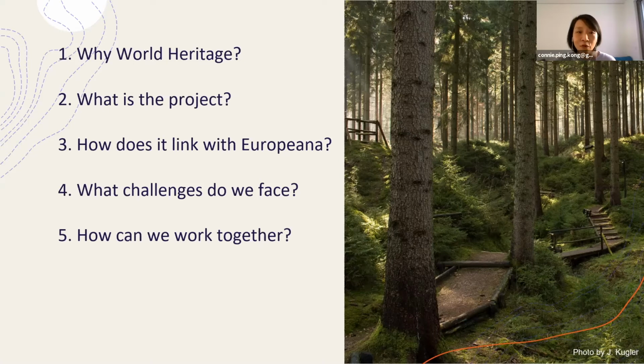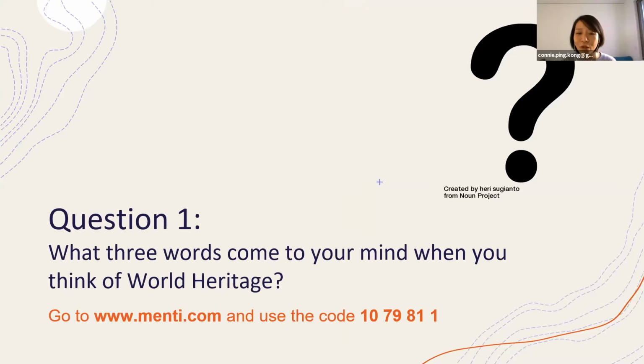Before I go a little further, I would like to invite you to menti.com to do some activities together. It is very straightforward. Open a new tab in your browser and type in www.menti.com, and you will be asked to put in a code. The code is 1079811, and then you will be able to go to my questions.